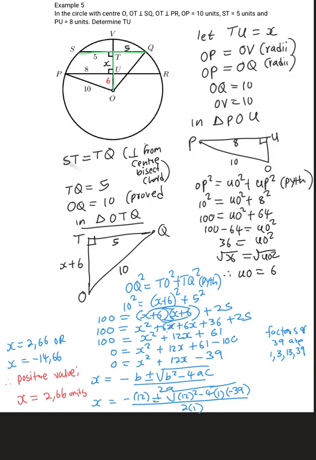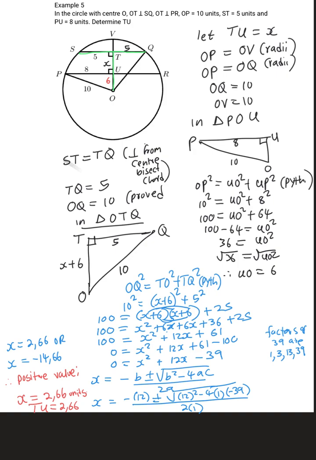Because x is equals to tu, right? So it means therefore tu must be what? 2.66. So that's what we were looking for. Then our tu is going to be 2.66, as we can see. So our tu is 2.66.